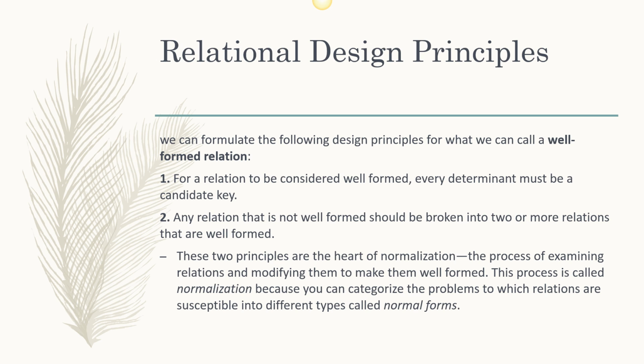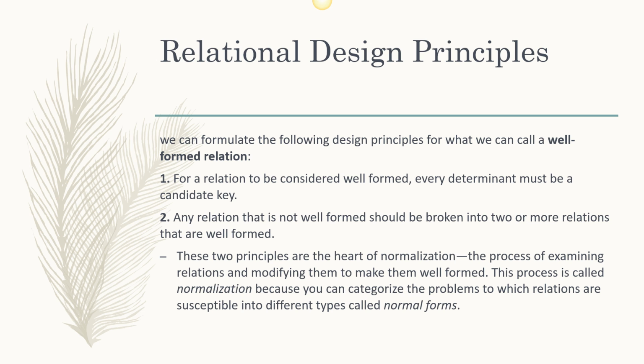Relational database design principle. We can formulate the following design principle for what we can call a well-formed relation. For a relation to be considered well formed, every determinant must be a candidate key. Any relation that is not well formed should be broken into two or more relations that are well formed.